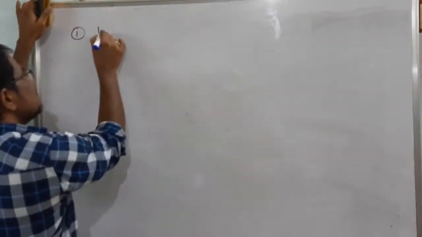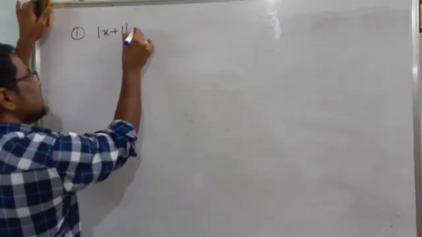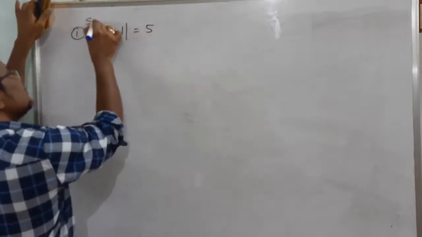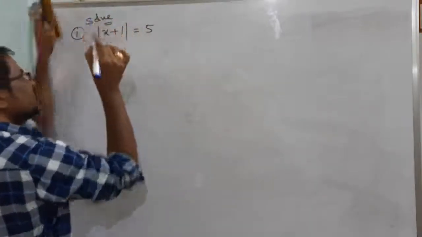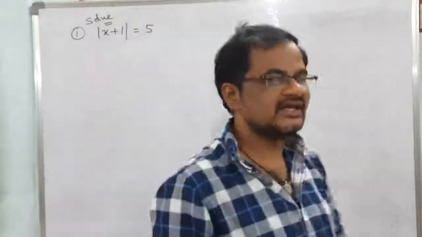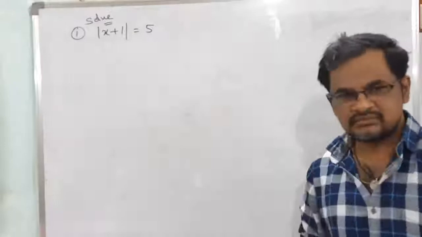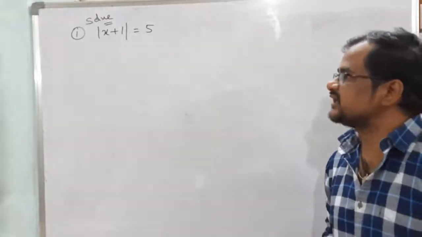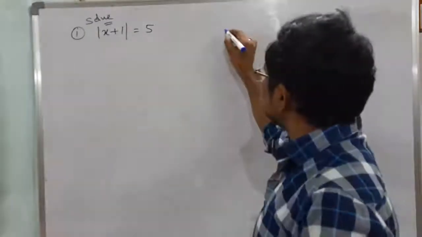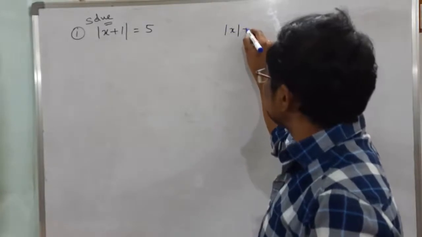First one is modulus of x plus 1 is equal to 5. They will ask the problem like this. Solve modulus of x plus 1. Here inequality is not there, but for understanding purpose, I gave equal to in the first problem. So we know by which condition we have to solve this one?